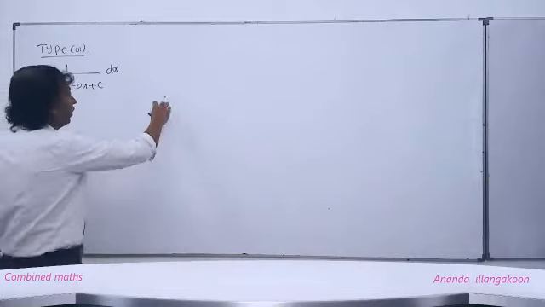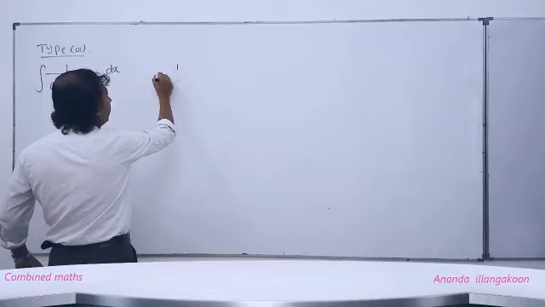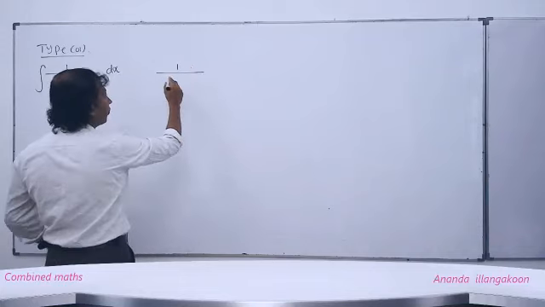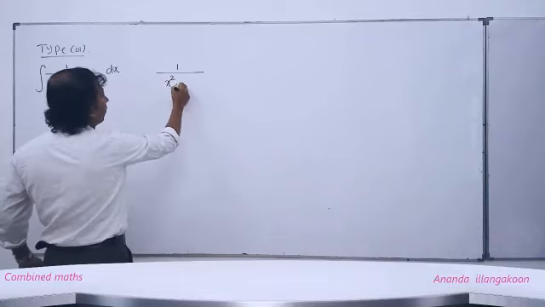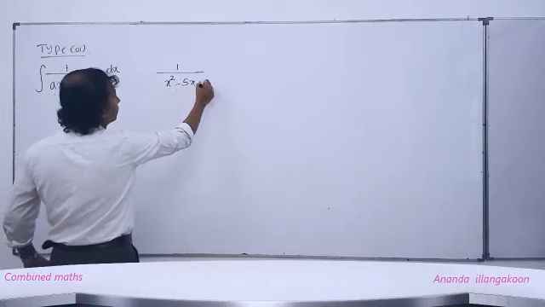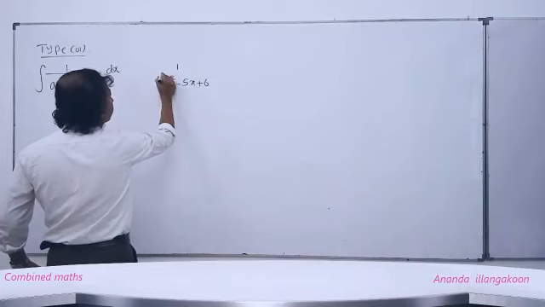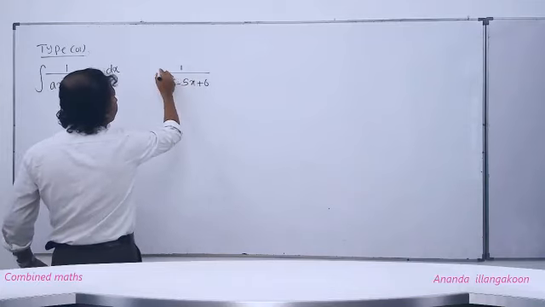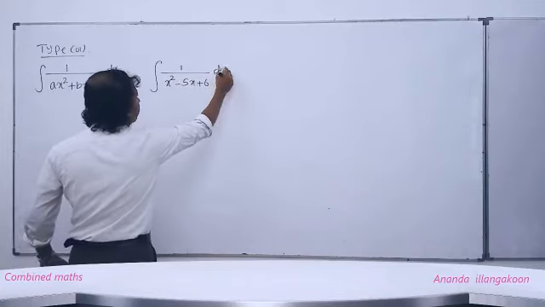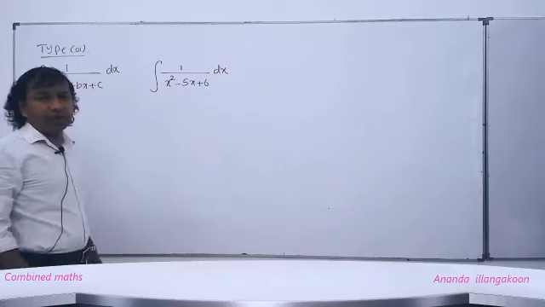When we integrate this way, if I consider one example like this, 1 upon x squared minus 5x plus 6, this kind of integrand is what we discuss under this type.